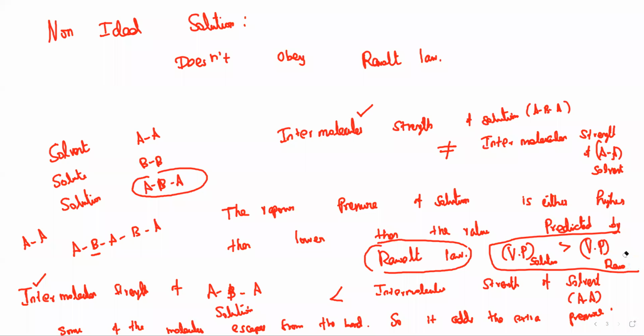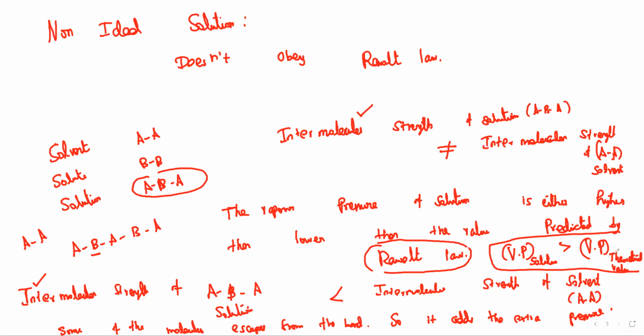Or else you can write, the vapor pressure of the actual value is greater than the vapor pressure of the theoretical value.